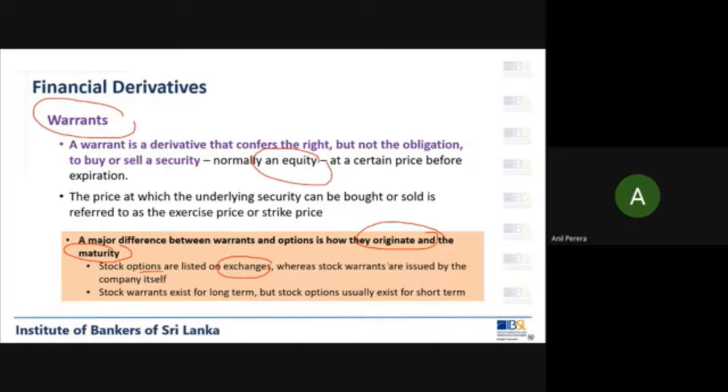But warrants are mainly issued by the company. So there is a key difference. So if you take options and warrants, options are mainly on exchanges. Warrants are mainly issued by the company, right? So that is one difference.